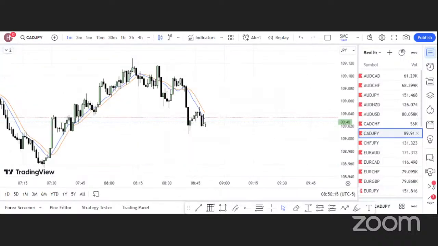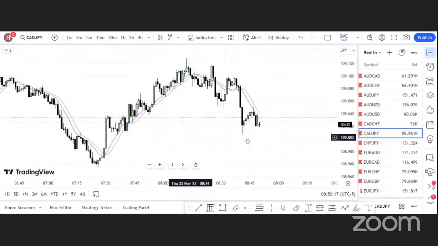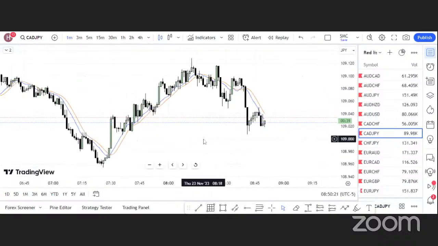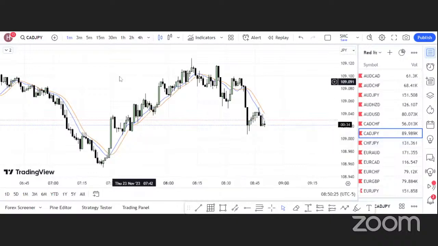Let's check on CAD JPY. This is Canadian dollar against the Japanese yen. Okay, let's go to the higher time frame.